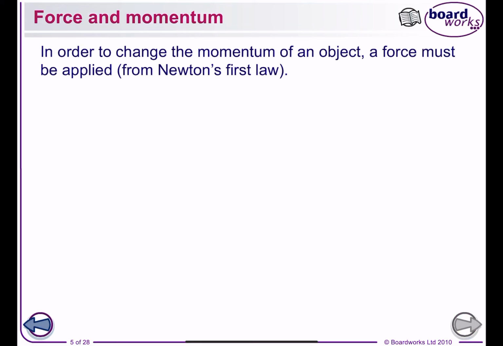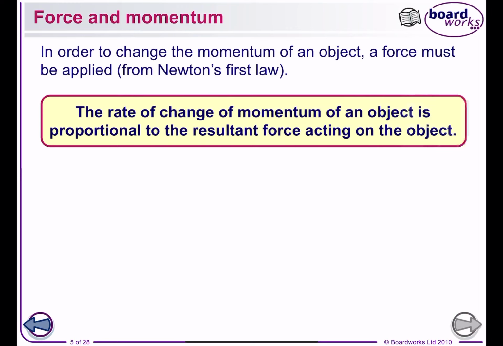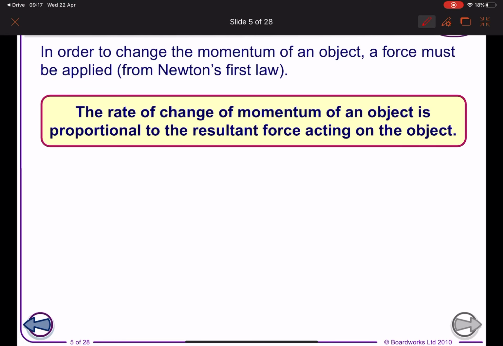Something can remain moving at a constant velocity, of course, without a force, but it cannot change velocity. And so momentum does bring in all of Newton's laws to some extent in our explanation of momentum. So we do talk a lot about the rate of change of momentum, because the rate of change is proportional to the force.